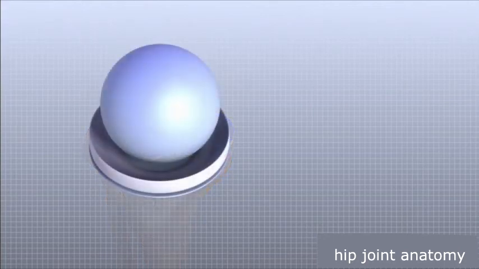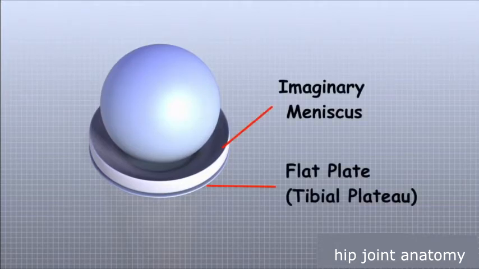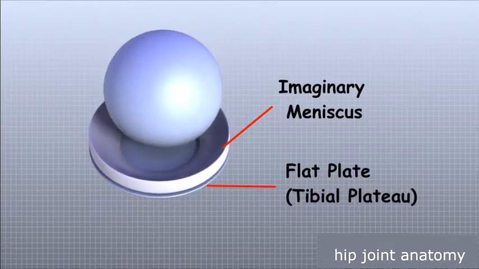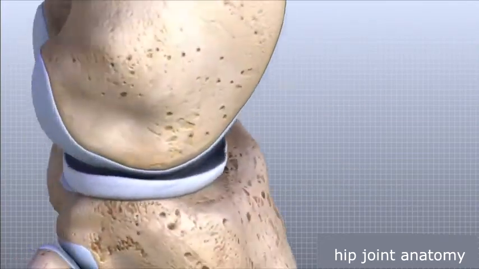Imagine the knee as a ball resting on a flat plate. The ball is the condyle of the femur and the plate is the tibial plateau, and the menisci fill up the space between the ball and the plate. The menisci act as a cushion to distribute the weight equally on the tibial plateau. Without the menisci, the weight will be concentrated at just one single point on the tibial plateau.